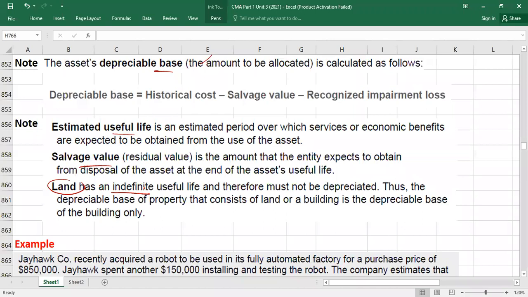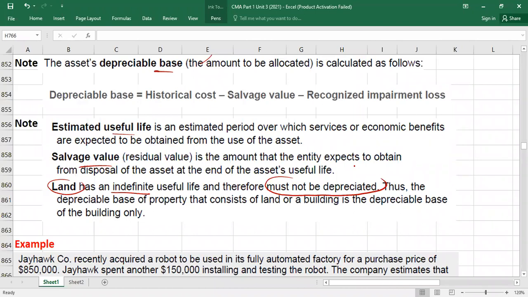We don't know the life of the land, right? Until what time it will last, we don't know. So that is why land must not be depreciated. But buildings and other assets which have finite life should be depreciated.